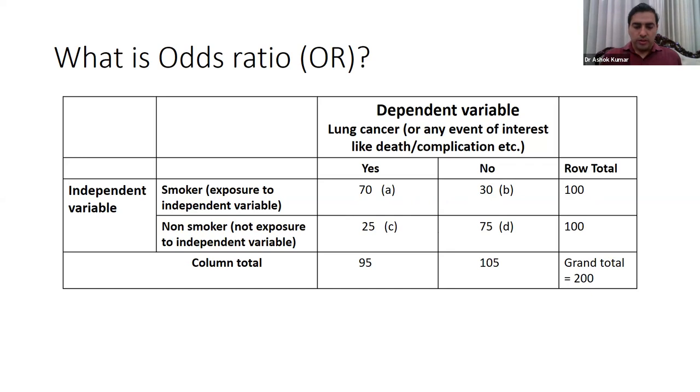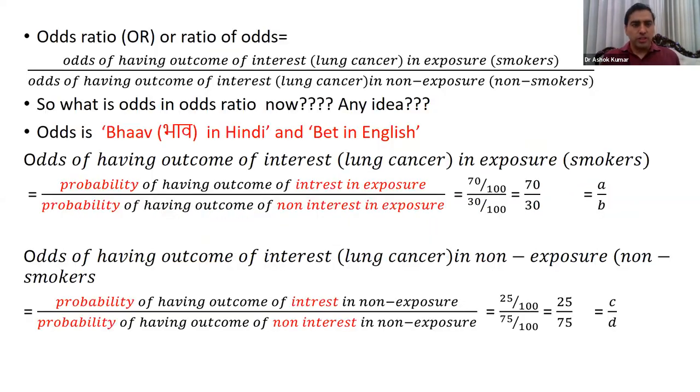So what is odds ratio? It may be complicated, but please understand one by one. Odds ratio, OR, or ratio of odds. So what is odds? We have to see this.